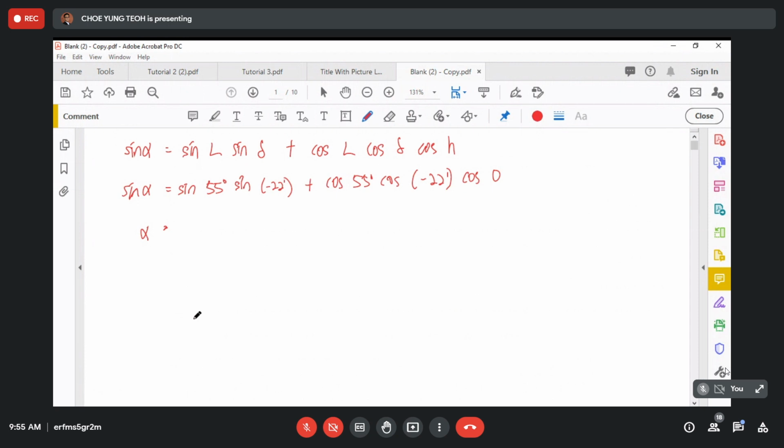So what's the answer for alpha? 13 degrees. Even at solar noon, only 13 degrees.